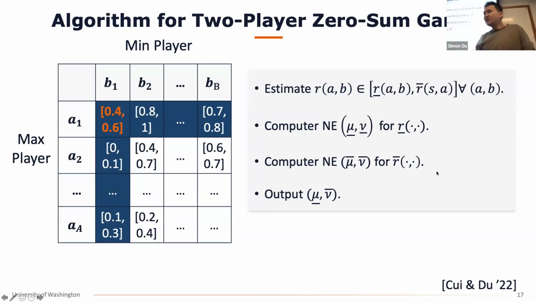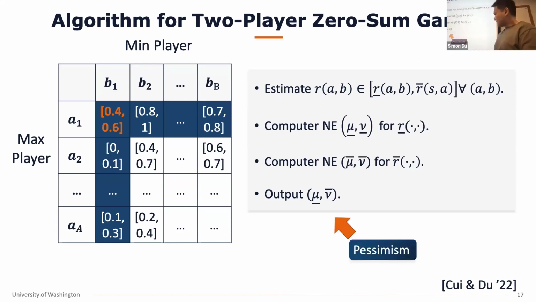Here again we are being conservative, or pessimistic. For the max player, we output the policy computed from the lower bound. To maximize reward, we use a Nash equilibrium policy for the max player using the lower bound. And for the min player, we use a Nash equilibrium computed using the upper bound for the reward. So for both players, they're still being conservative.